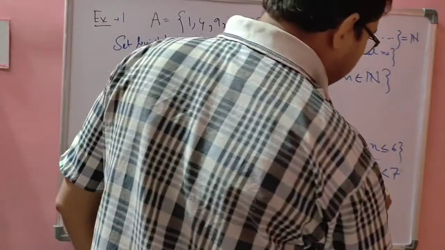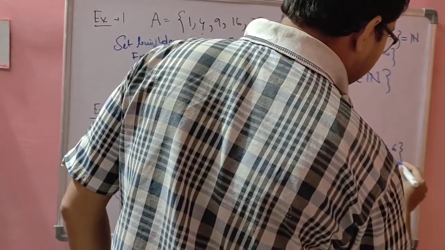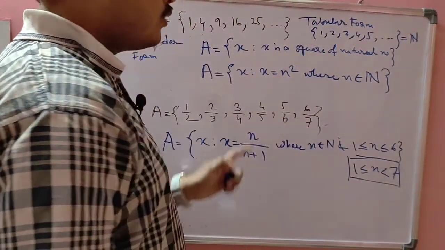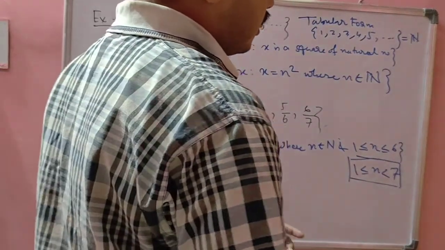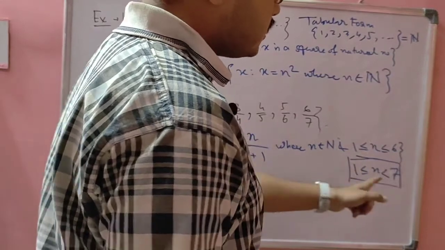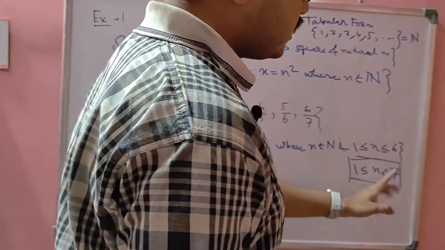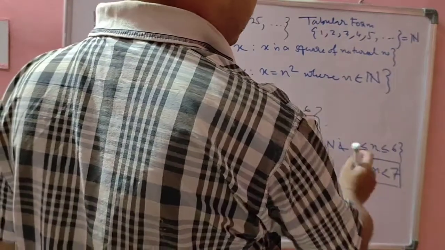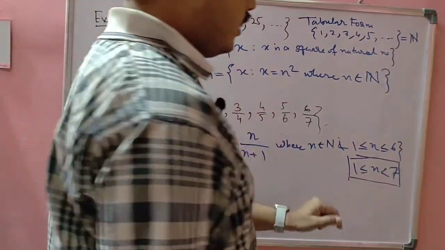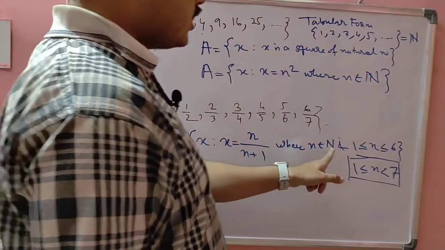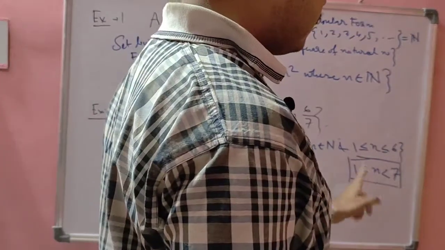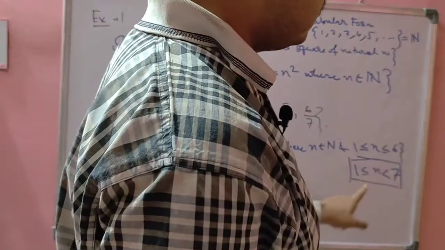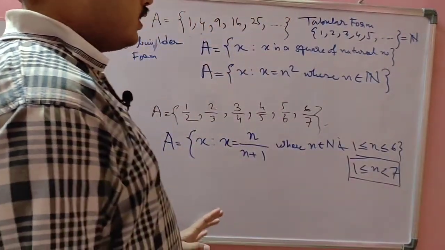Less than 7 actually includes lots of natural numbers up to 6, but there are no numbers between 6 and 7 that n can attain, because it belongs to natural numbers. So there is no problem. You can write this or this, there is no big deal.